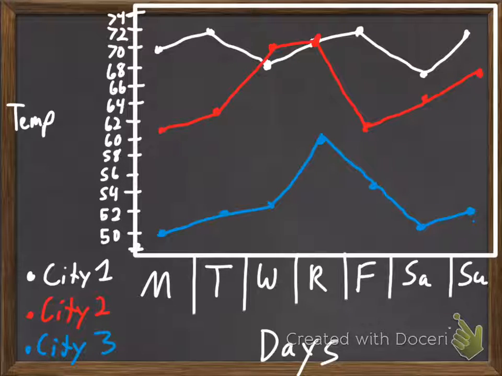Looking at the temperatures, you can kind of compare. Well, one of these is a lot colder for April, so I bet it's even colder in December, January, so you might say city 3 because it looks like it's colder there.